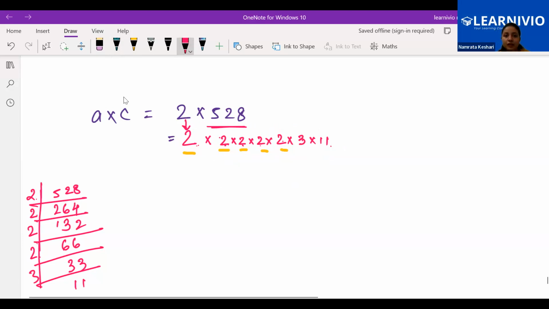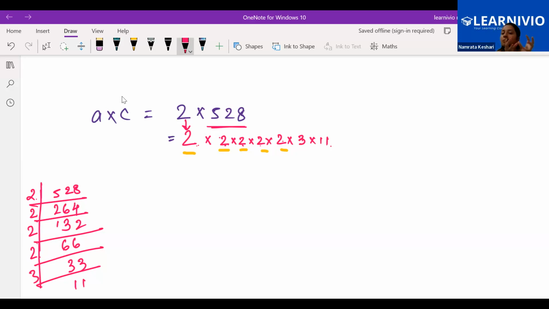Ma'am, C is minus 528, right? Yes, C is minus 528, but as I said, we will be focusing on the multiplication only. The sign for now doesn't matter. The sign of the middle term matters, but when we are multiplying A and C, we will focus on multiplying the numbers.